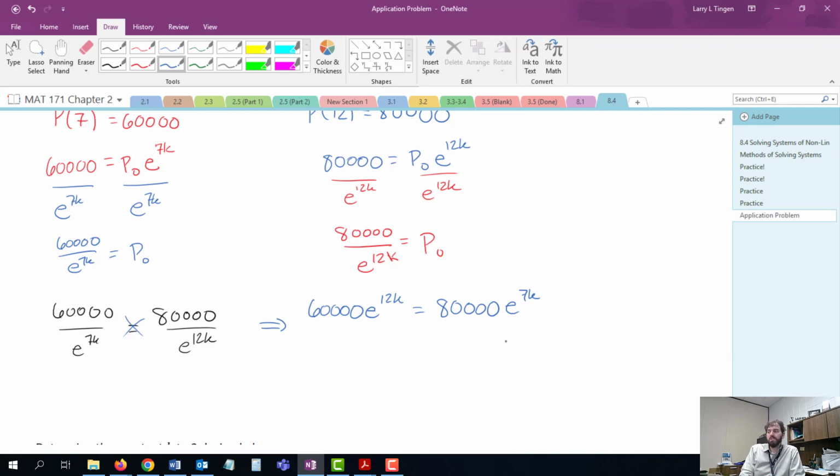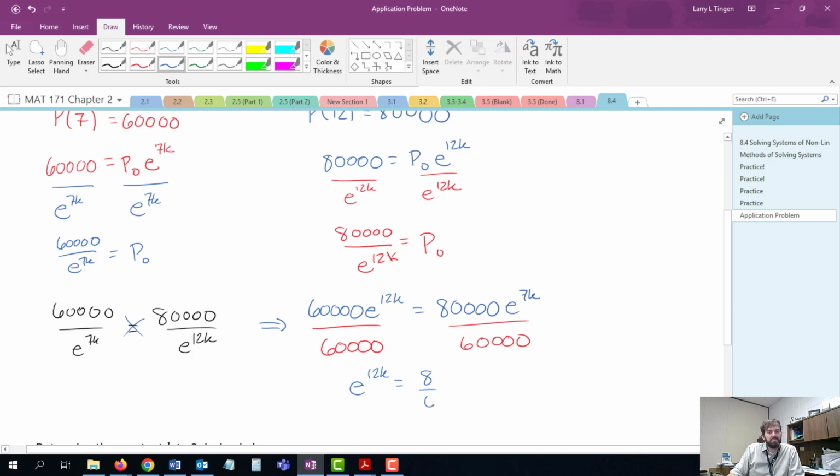So I'm going to get the exponentials on a side by themselves and everything else to the other side. So I'm going to divide both sides by 60,000. That'll get rid of the 60,000 on the left. So now I have e to the 12k is equal to 80,000 divided by 60,000, which is 8 divided by 6.